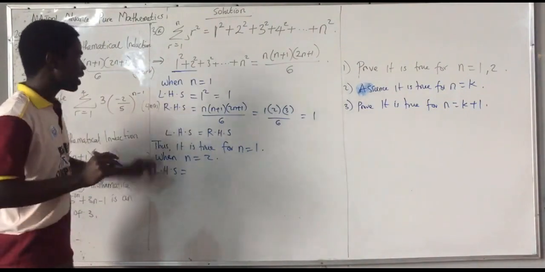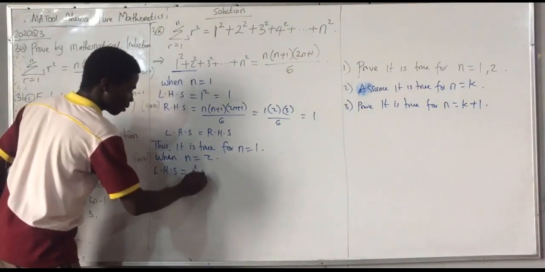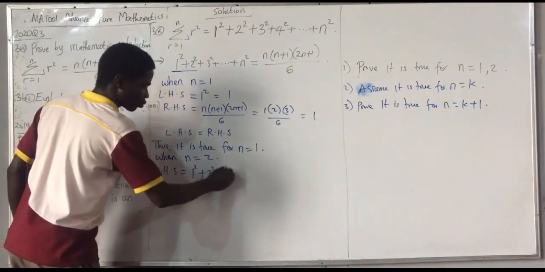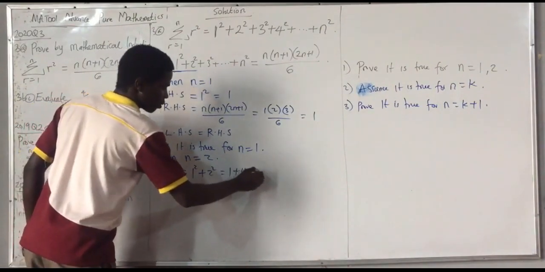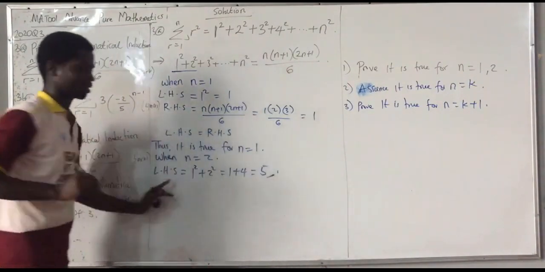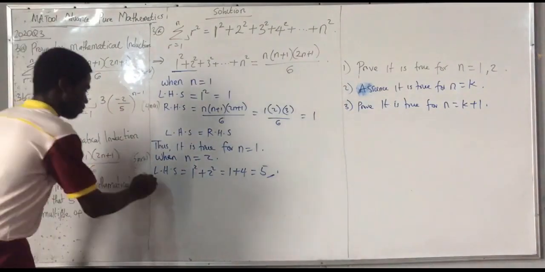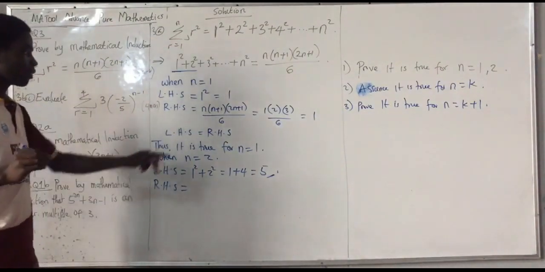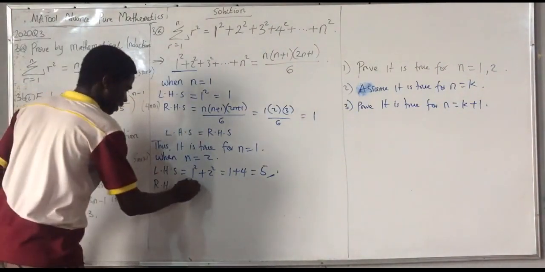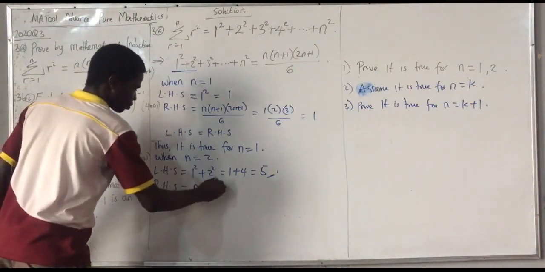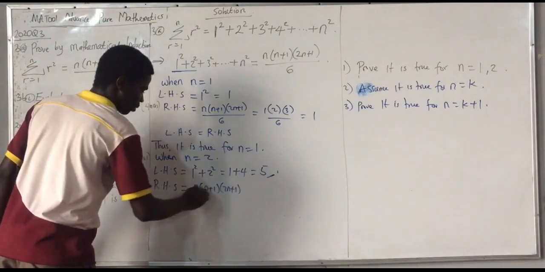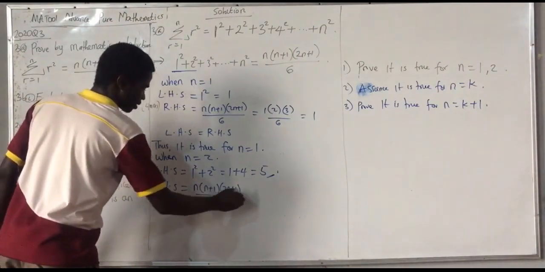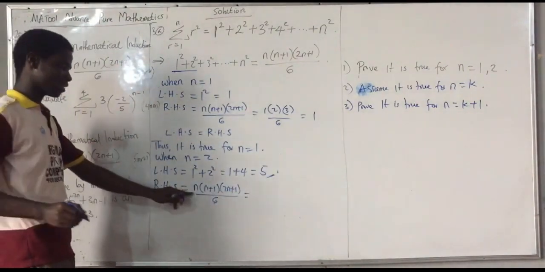Do you understand? So left hand side will be 1 square plus 2 square. That is 1 plus 4, 5. That is the left hand side. Right hand side will be what? Don't forget, this is the formula for the right hand side: n plus 1, 2n plus 1 over 6. So n is what? 2.